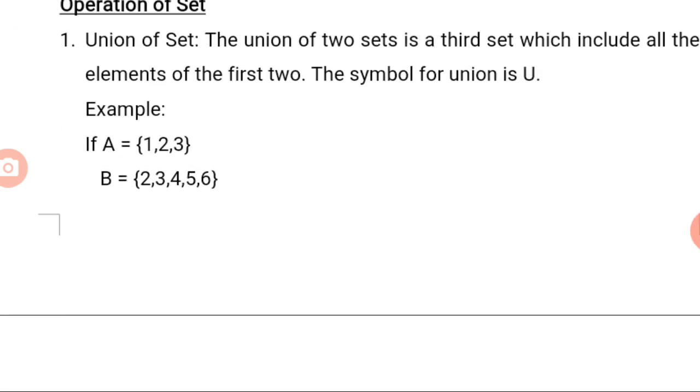It means that the union of A and B will comprise all the elements in set A and set B.